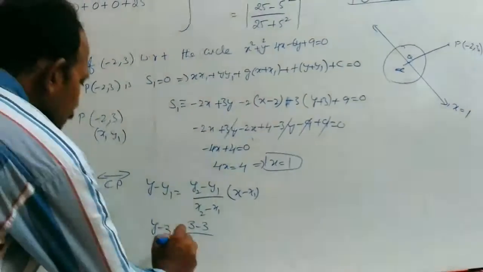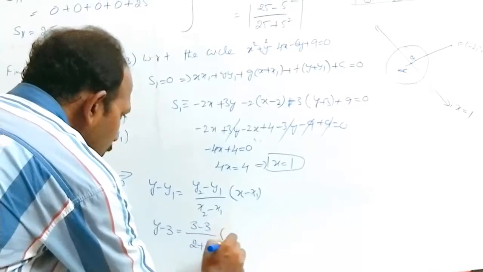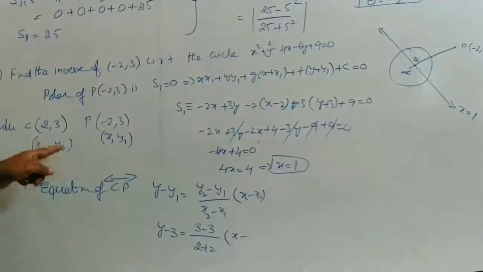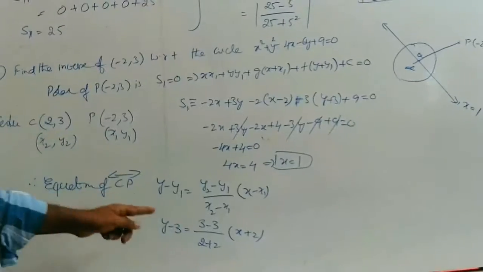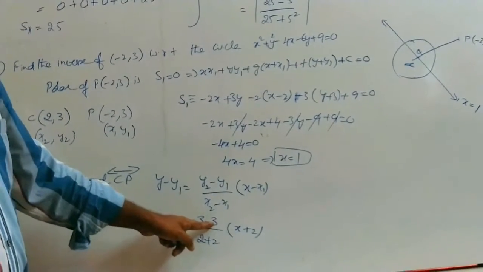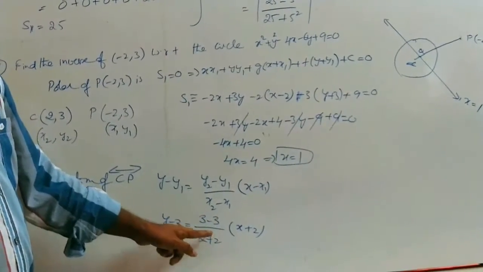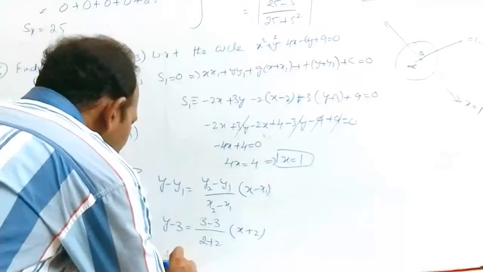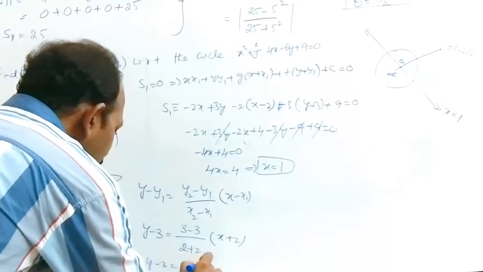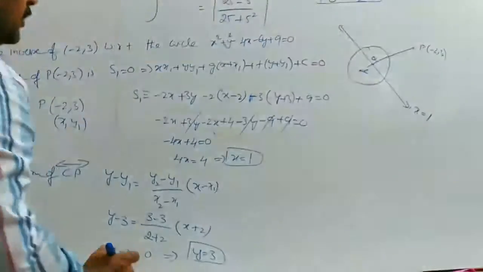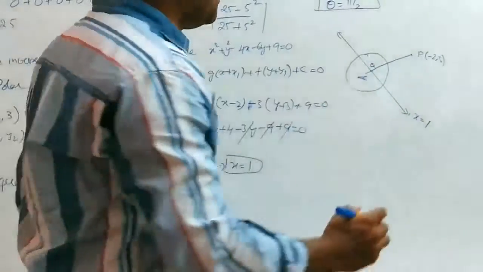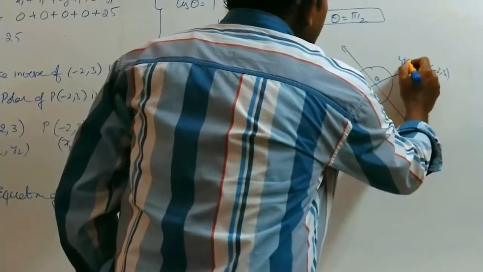Here 3 − 3 is 0, and 0 divided by anything is 0. Therefore y − 3 = 0, which implies y = 3, the equation of the line CP.